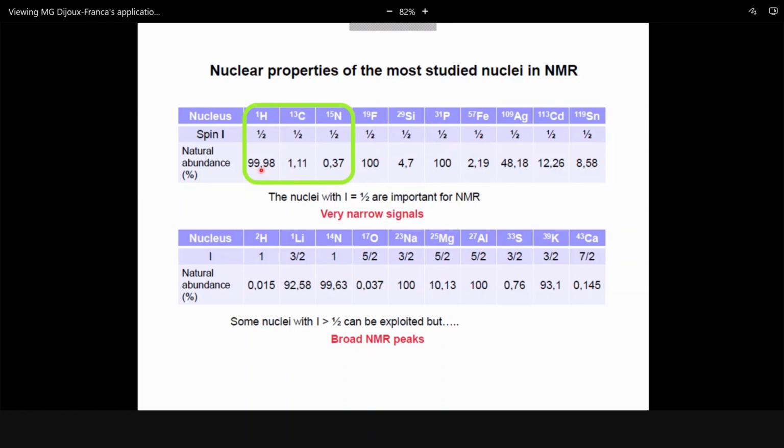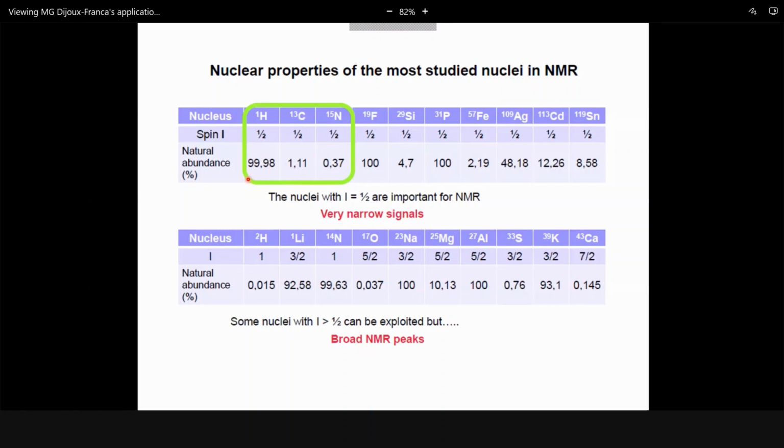And the goodness of the signal will depend on the natural abundance, but not on the spin number, because the spin number is the same between them. But you can see that the most abundant is the hydrogen, and then you have the carbon-13, and then the nitrogen.